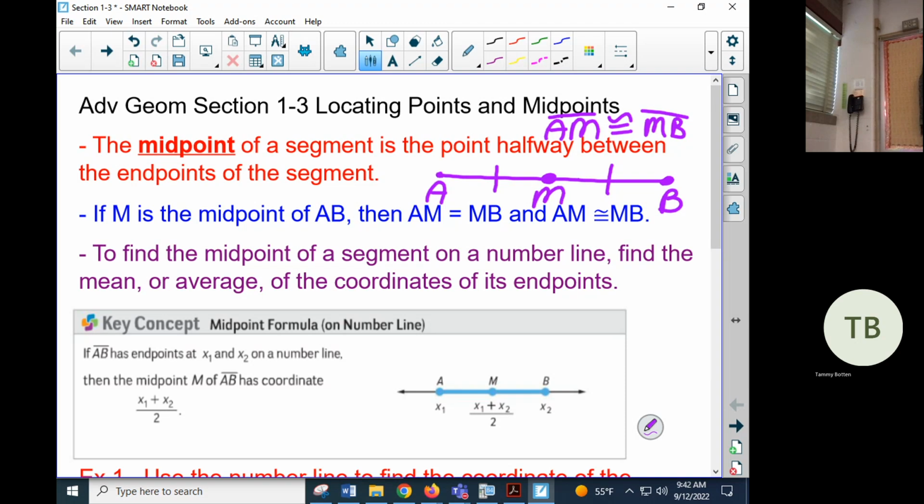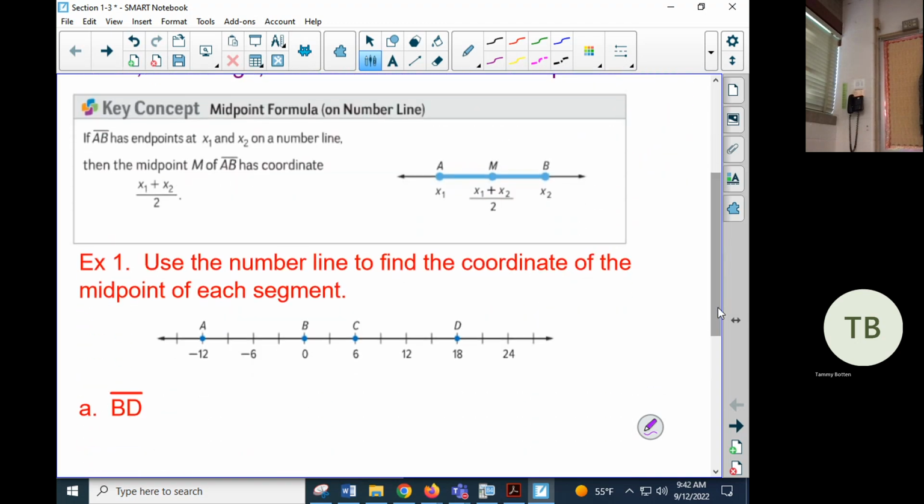Okay, so today we're going to be doing a lot with midpoint. Now, when we did distance, we first learned how to find distance on a number line, and then we learned how to find it on a coordinate plane. Same thing with midpoint. We're gonna first find out how to do it on a number line, then we're gonna do it on the coordinate plane.